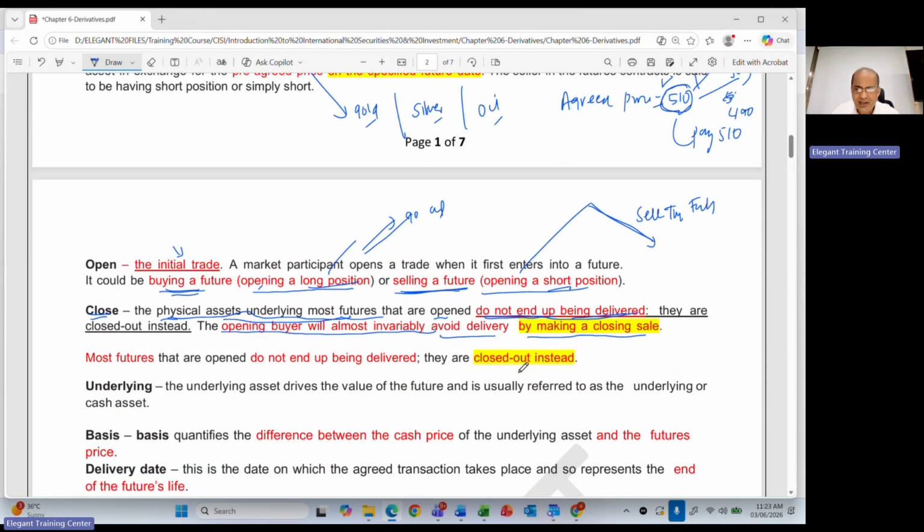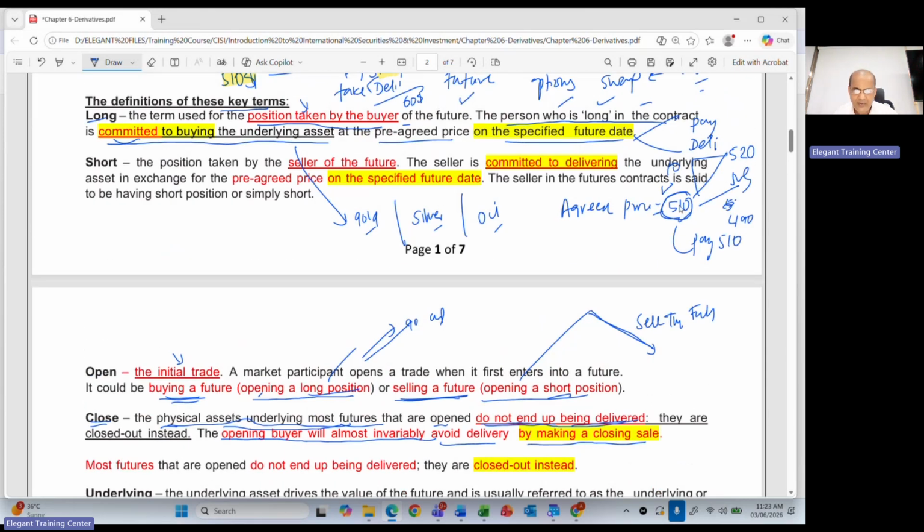You should pay 510 and you should get 520. So you neither pay 510 nor take delivery. You ask the other broker, the seller, to give you the difference between 510 and 520. So the broker can give you the $10 difference.